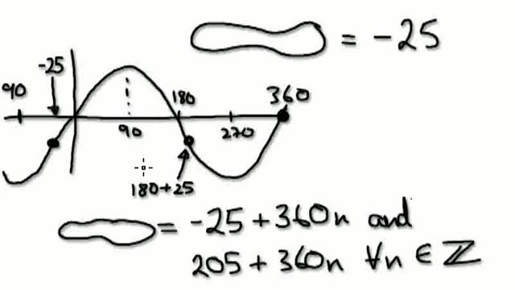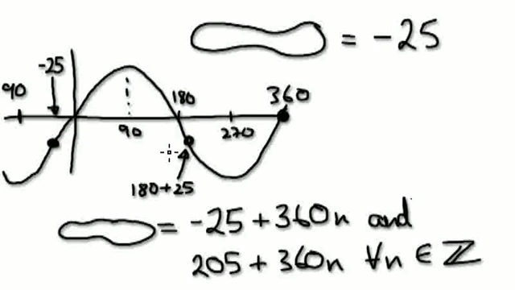Well, there are lots of ways of finding this second solution here. So use whichever method you want. I just know that it's going to be 180 plus 25, because I know that this gap here is 25, because this is also 25. And I'm relying on symmetry, because I know that this distance here is the same as this distance here.